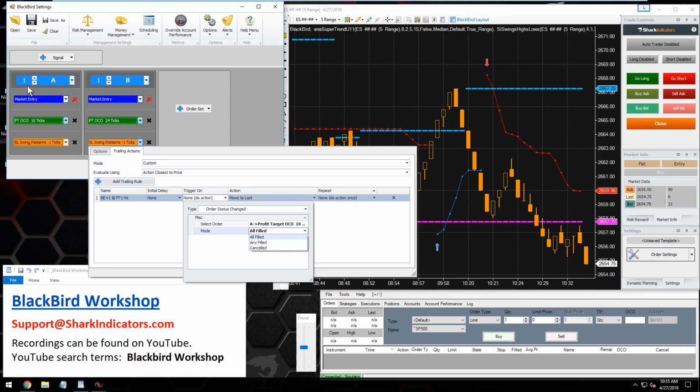For example, if you're trading 10 contracts on that profit target, you can wait until all of them are filled, or you can say just one contract is filled, any amount of contracts are filled. Or you can even check to see if the profit target got canceled and do something. The profit target would get canceled if the stop loss got hit.